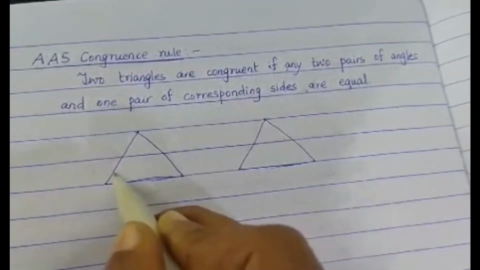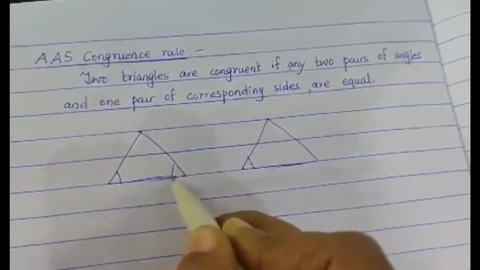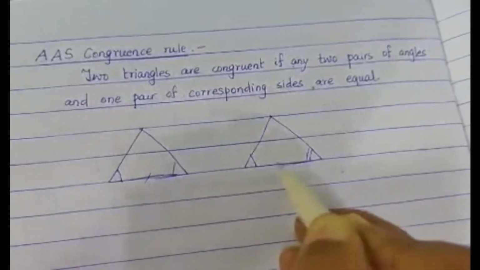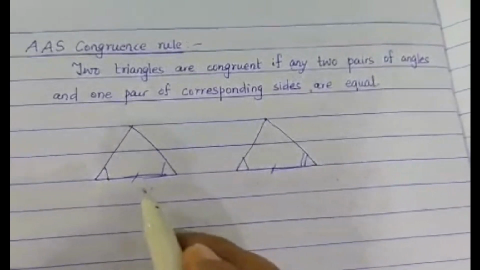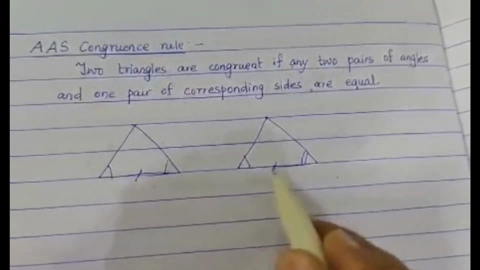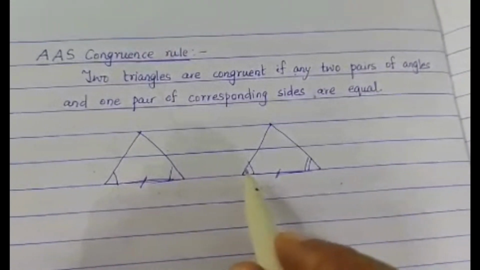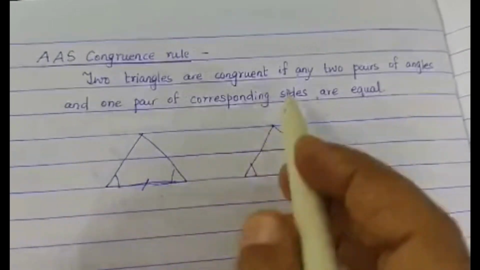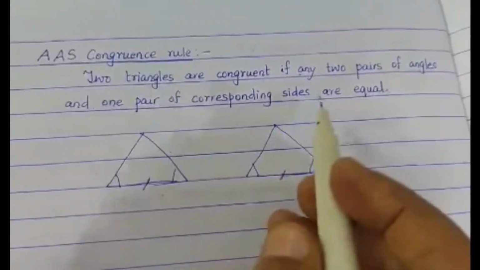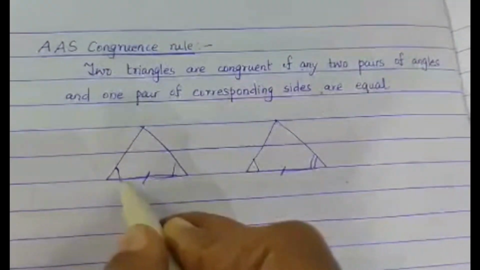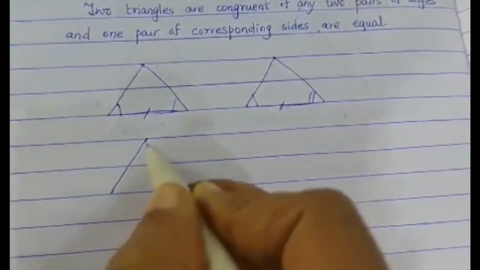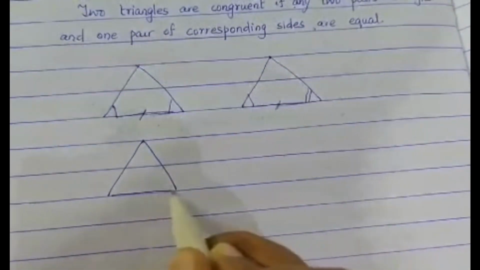It is not necessary that this angle and this angle and this included side, only if the three are equal, then the triangles are congruent. This is not necessary. Any two pairs of angles and one pair of corresponding sides. So let us draw another one.